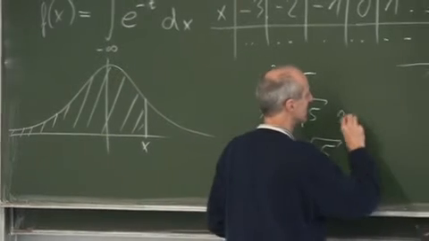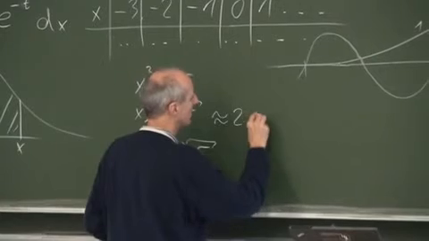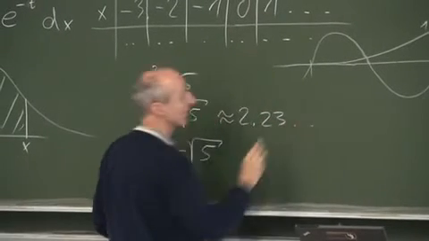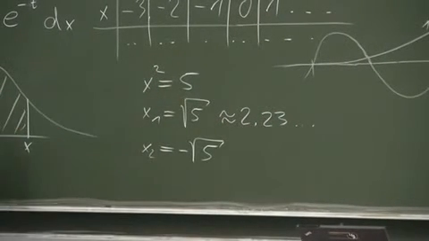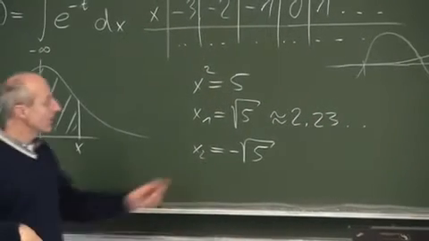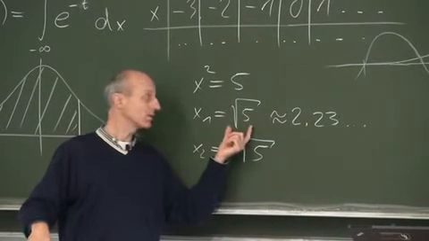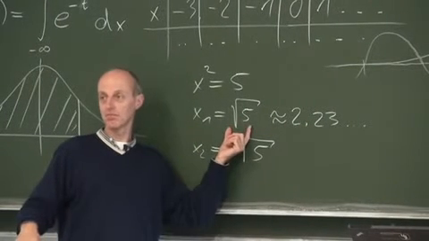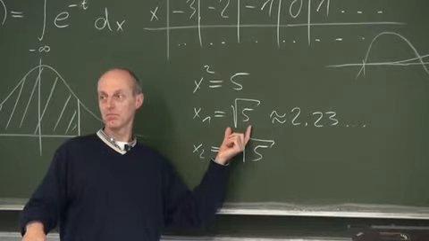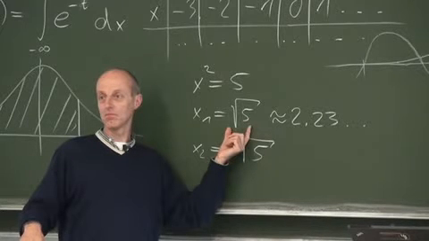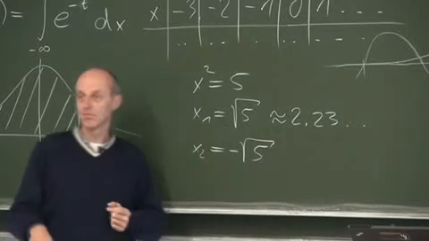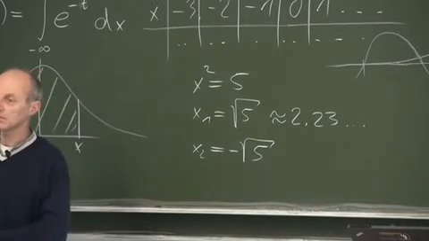I mean, this is approximately 2.23 something. But this result is much better than this. Why is this better?